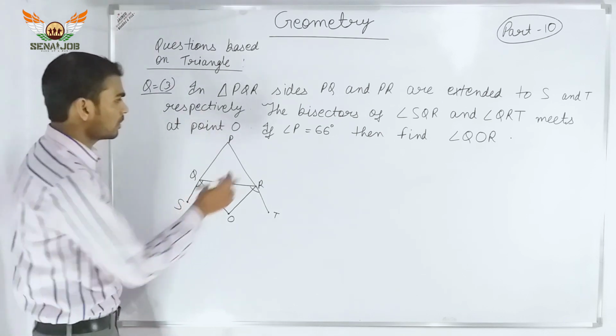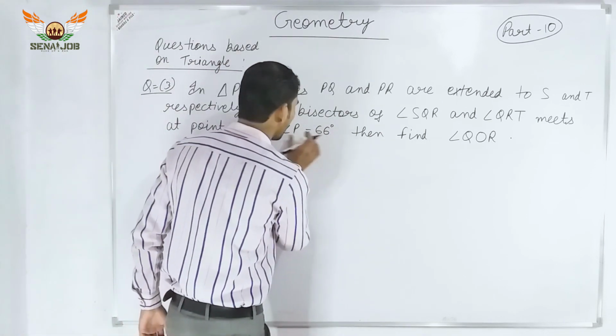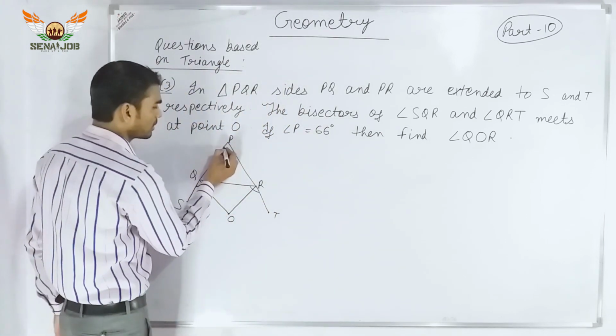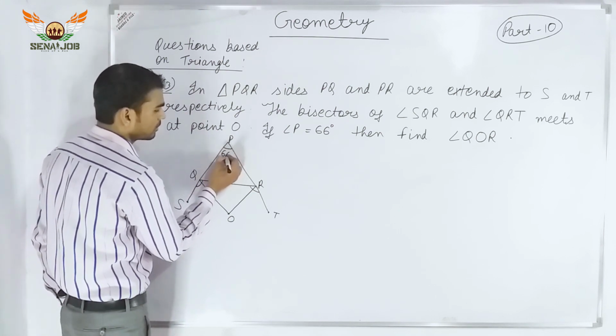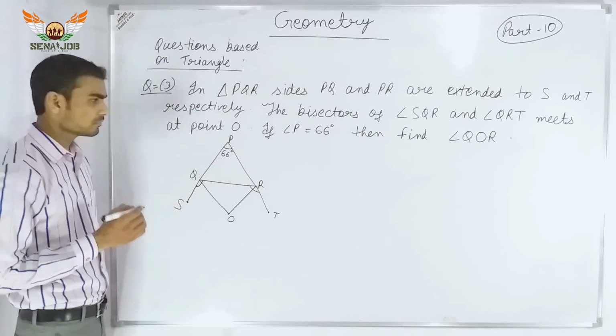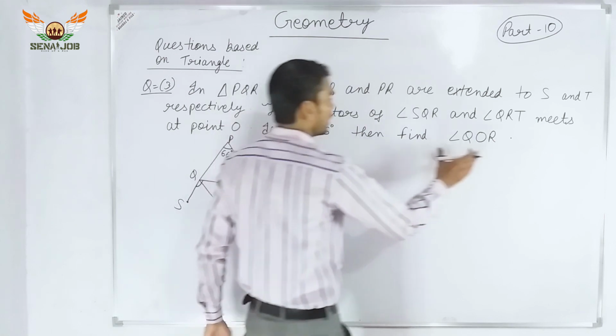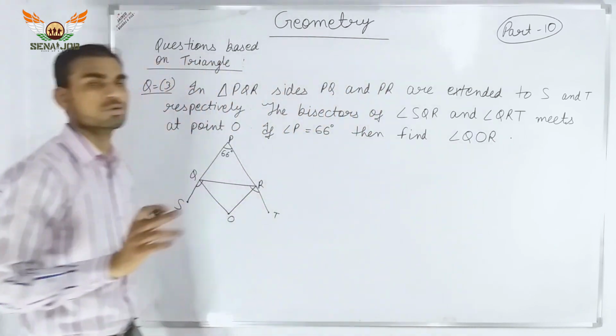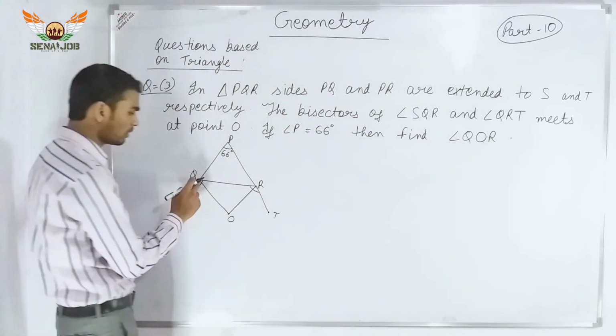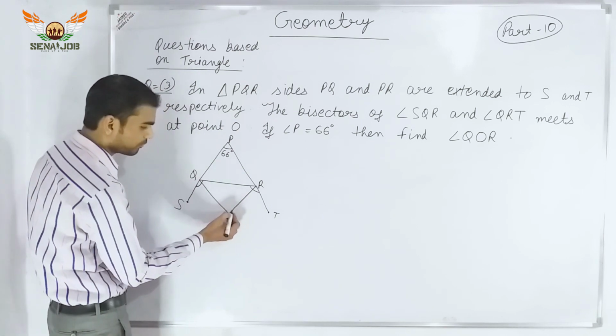Okay. If angle P equals 66, this angle P will be 66 degree. Then find the value of angle QOR. QOR, this angle you have to find out.